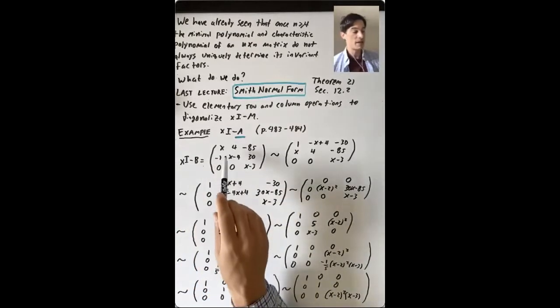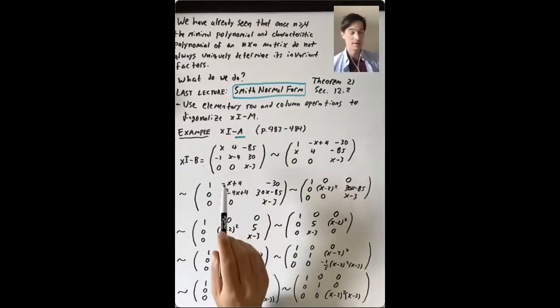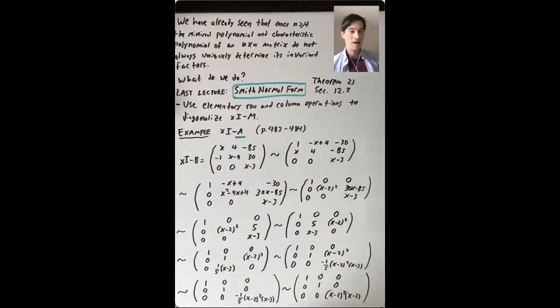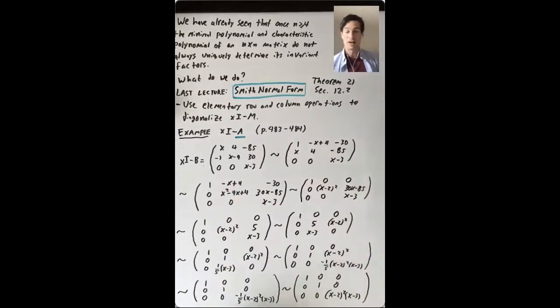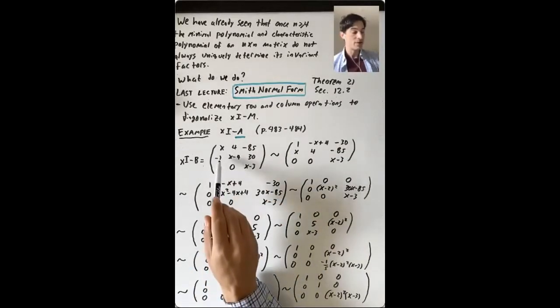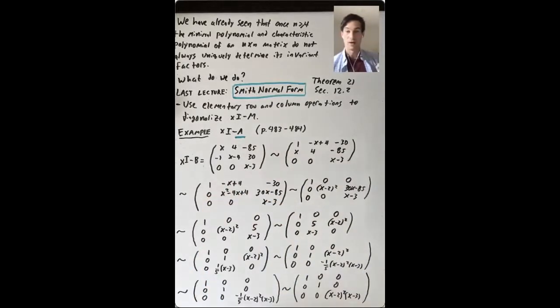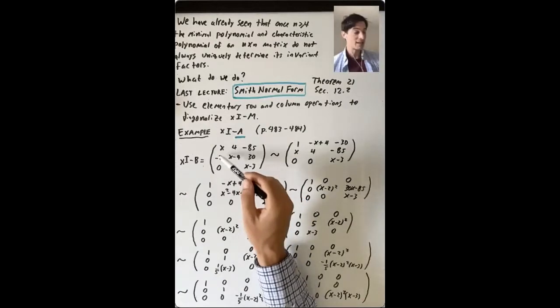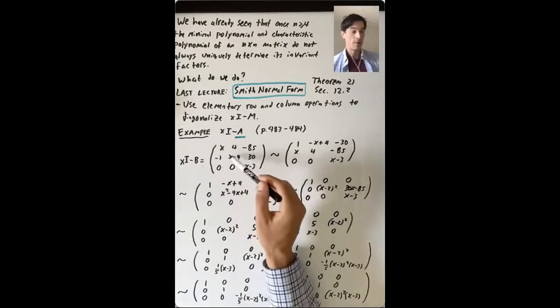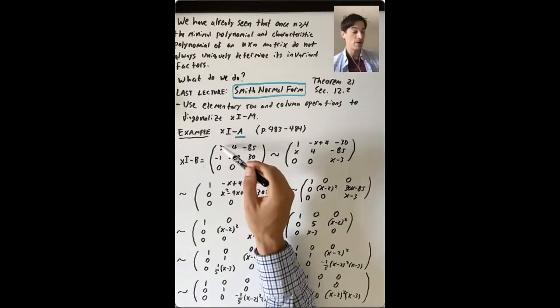OK, so xI minus B. We have this matrix. And ultimately, we want to get some ones on the diagonal and then the invariant factors. And I immediately see a way to get a 1 in the top left corner of this matrix. I can switch the first two rows, and then I can scale this row by -1 to get this -1 to be a 1 up in the corner.